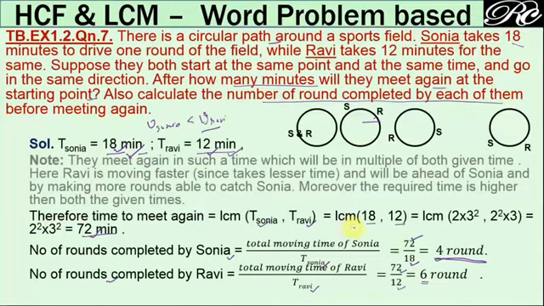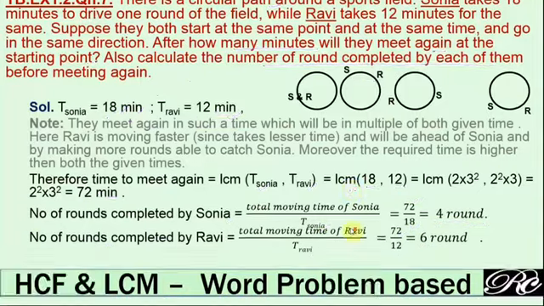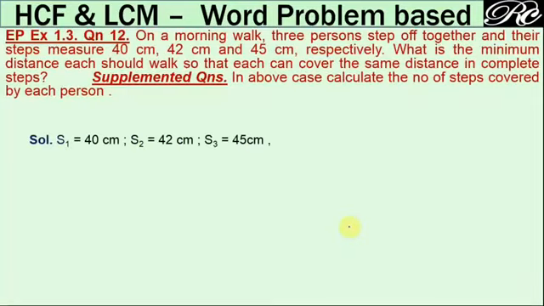Here it is given on a circular path and in the form of time. It may be given on a linear path and in terms of distance. Let us see one example based on that. It is from your example problem, exercise 1.3, question number 12.